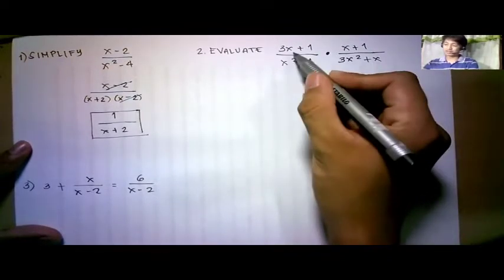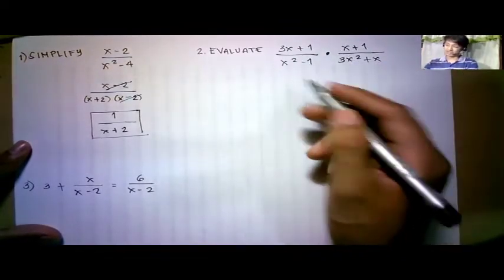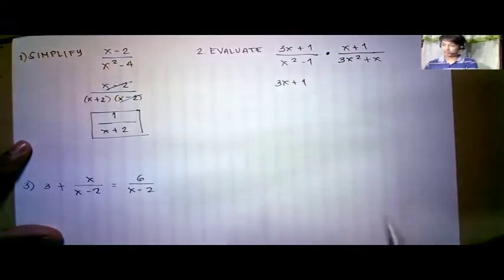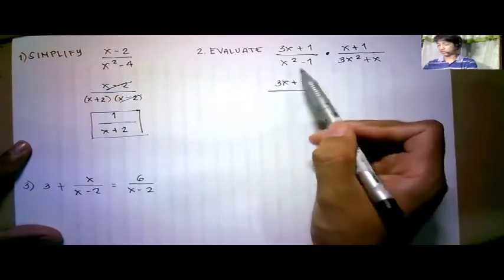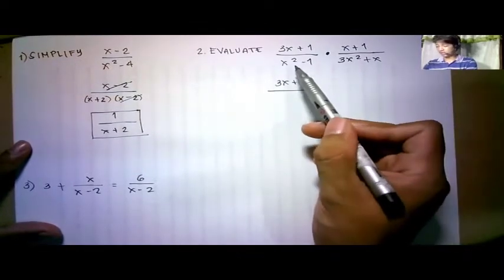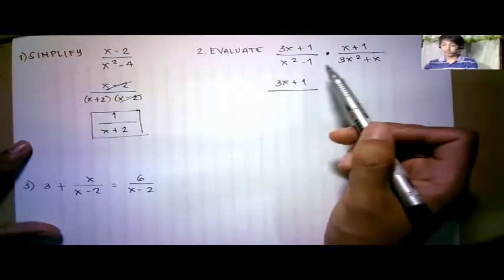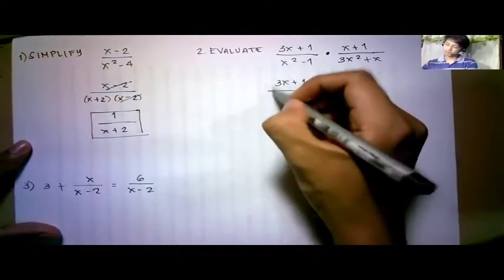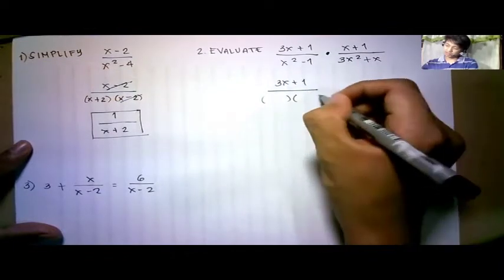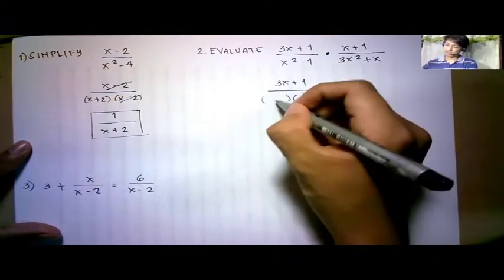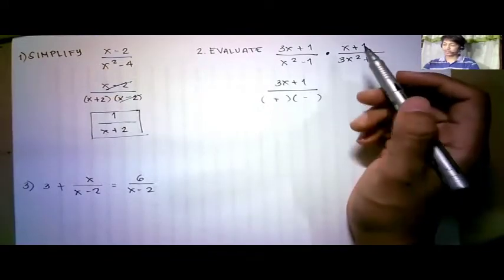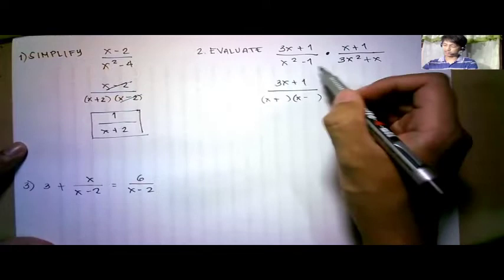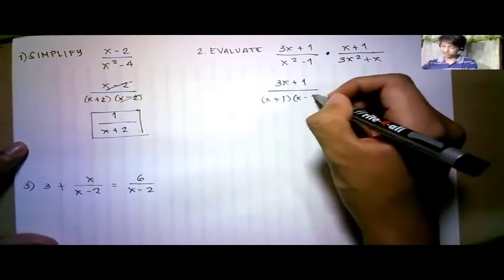Here, as you can notice, 3x plus 1 is already in its simplest form. So we are just going to write down 3x plus 1 all over. The denominator x squared minus 1 can be factored using the sum and difference of two squares. We write down again two parentheses, plus then minus, and then get the square root of x squared, that is x, and the square root of 1, that is 1 and 1.